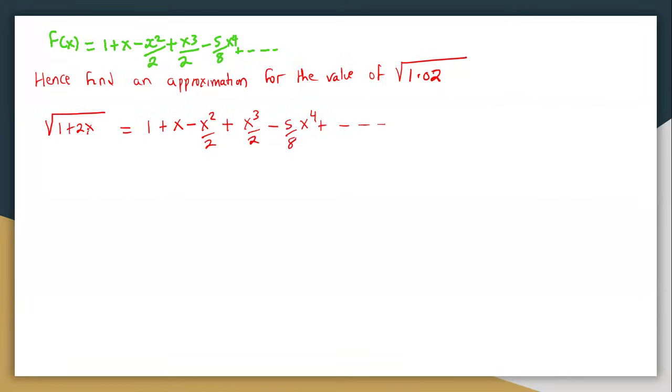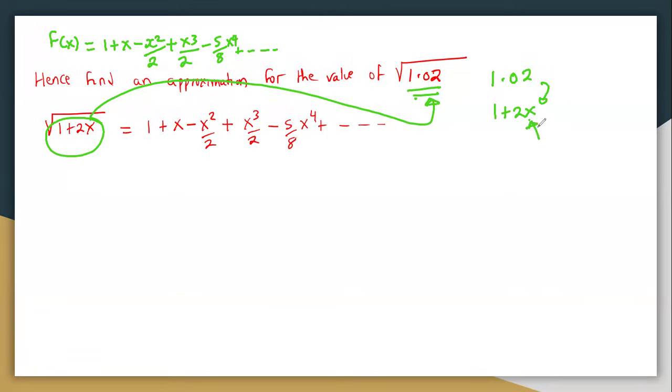Now, if they want us to find an approximation for this, it always has to be written in this format, 1 plus 2x. Now you have to express 1.02 in this format such that you just replace the x.